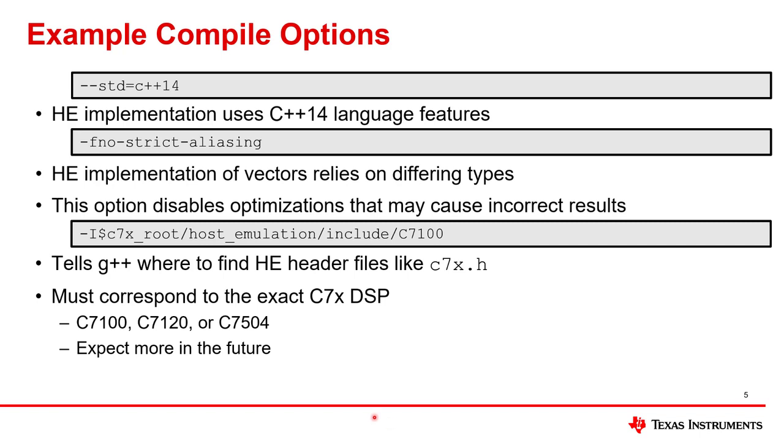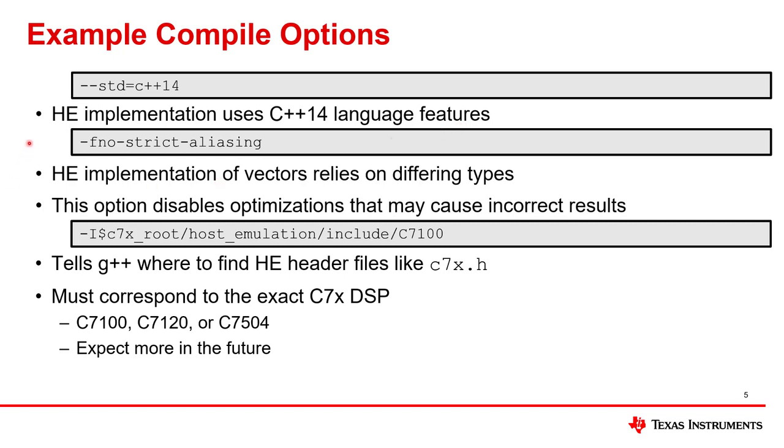Next, let's look at the compile options that are used when building on a Linux system with a g++ compiler. The first option to look at is --std=c++14. You need to use that because the HE implementation relies on C++14 language features.